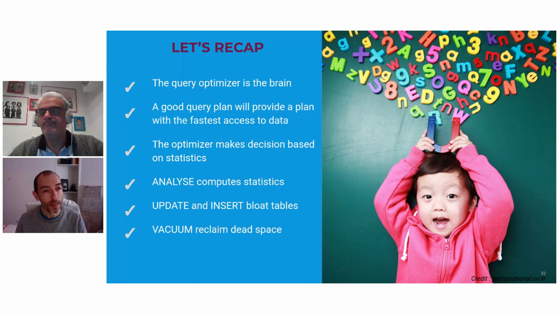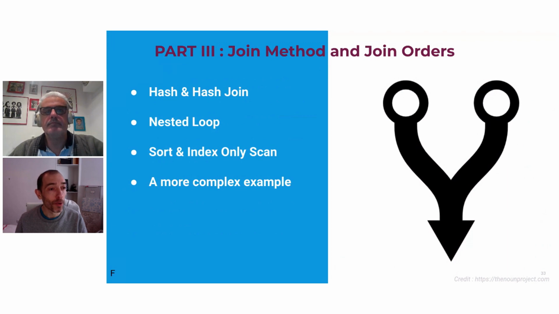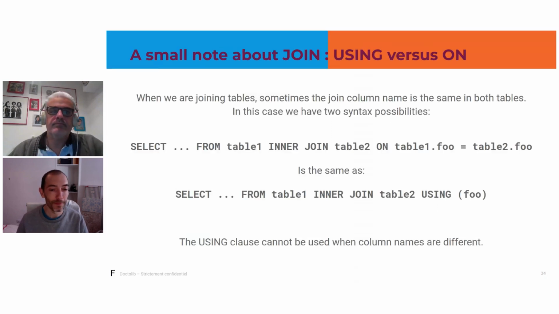Okay. So now let's dive into the last part of the presentation, which is about join methods and join orders. Just a small note, because I know that at Doctolib, people use the first syntax when we join tables, the ON clause.